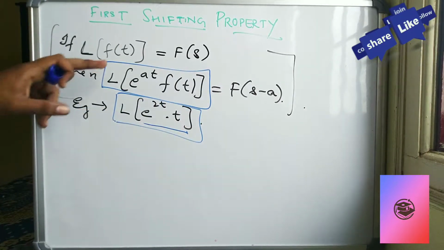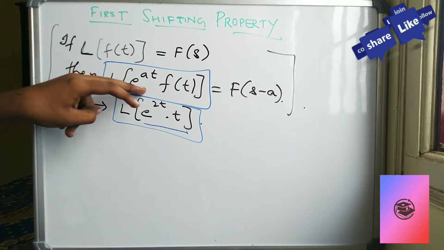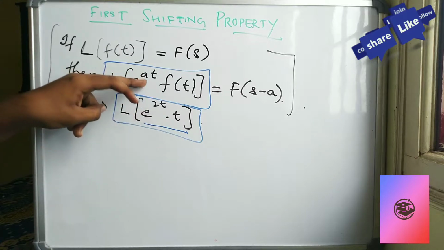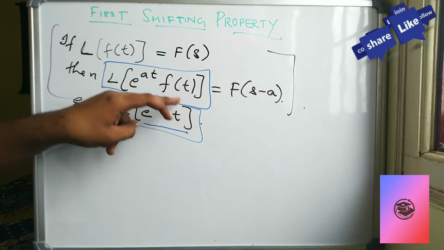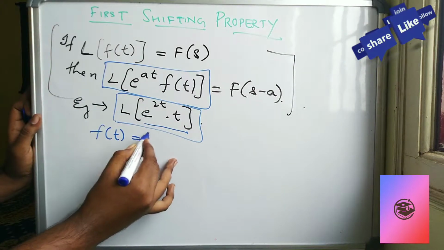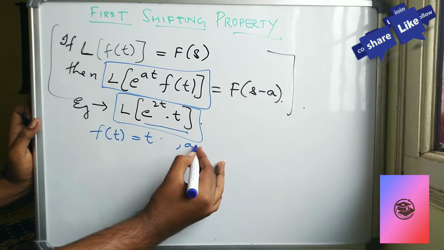Laplace transform of e power at into f of t: instead of at, it is given 2t. Here the function of t, f of t, is nothing but t. So f of t is equal to t. What is a here? a is nothing but 2.